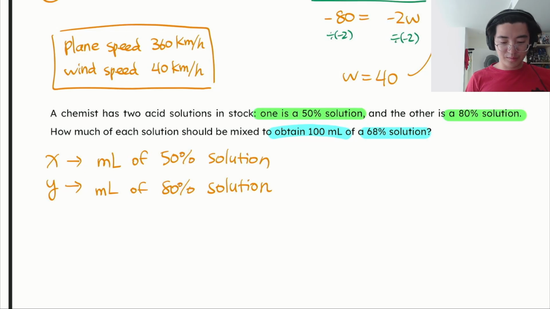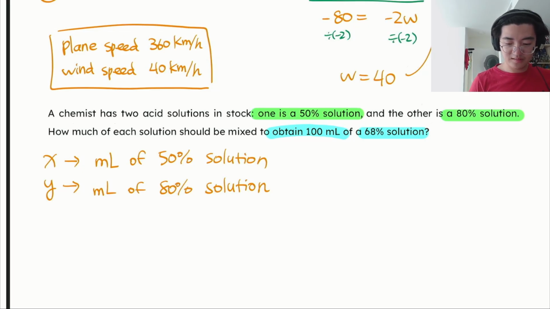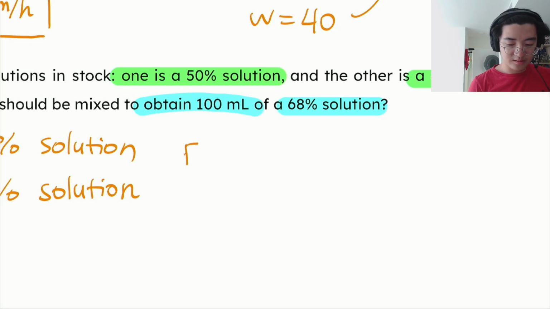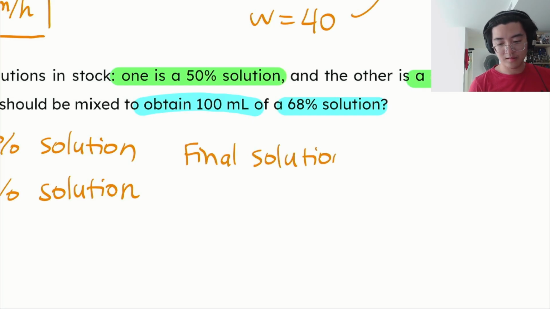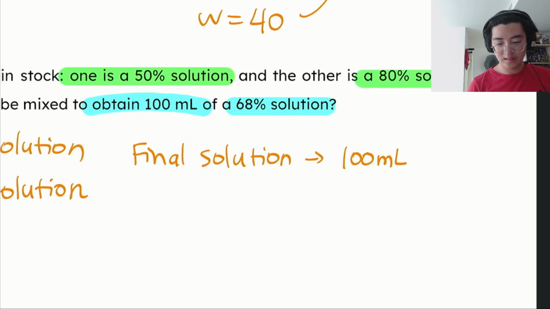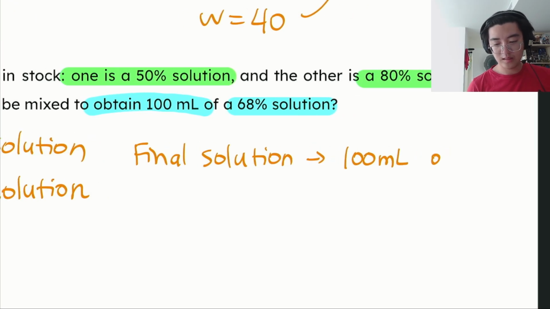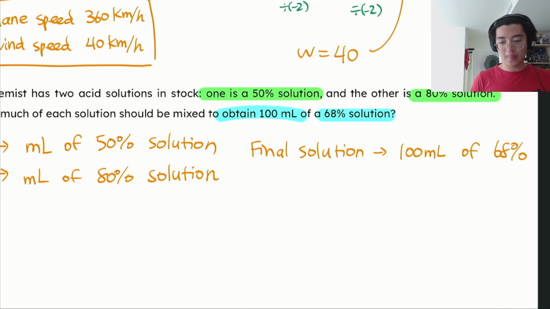Because we know the final solution is then 100 mils of 68% solution.